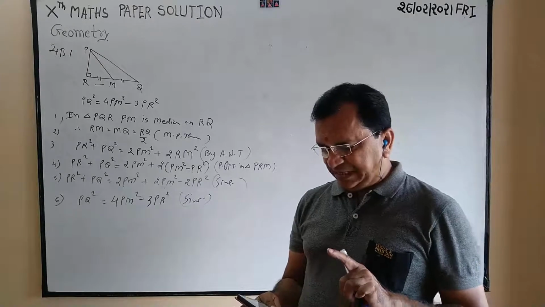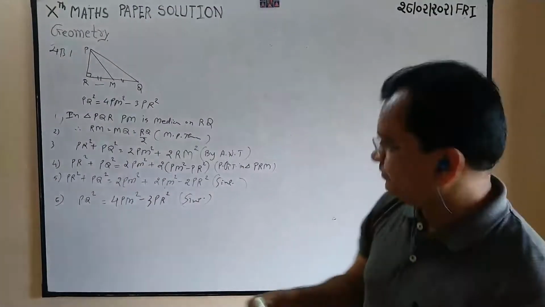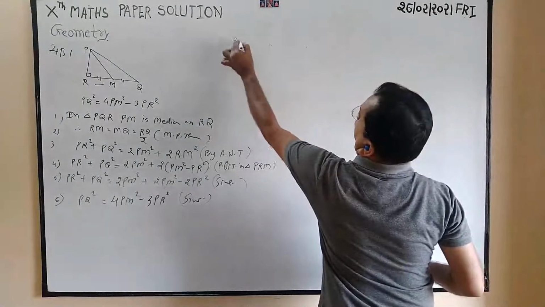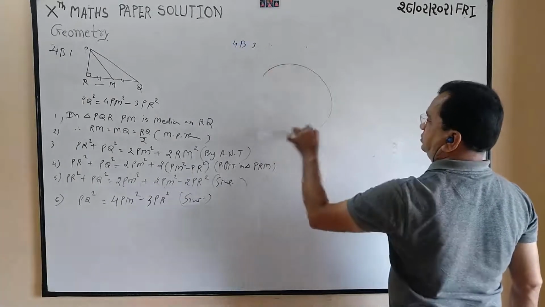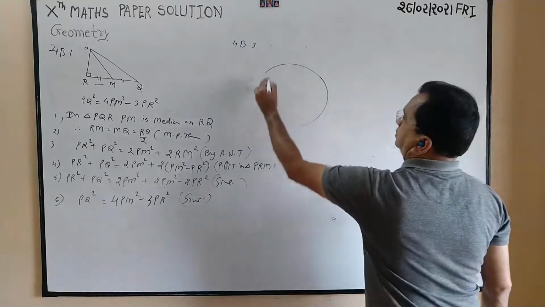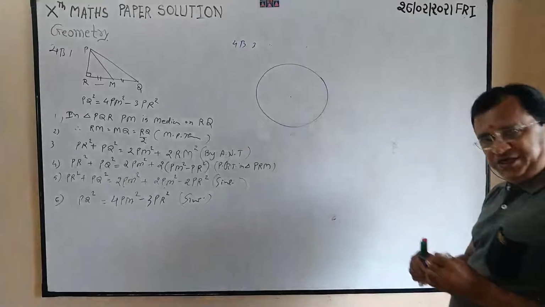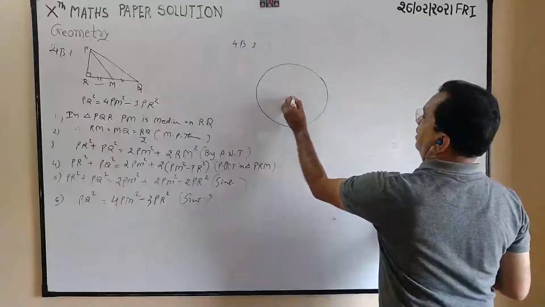Three 3.5, 5.7. 4B3, 3.5 circle. From the center 5.7 means less than double.